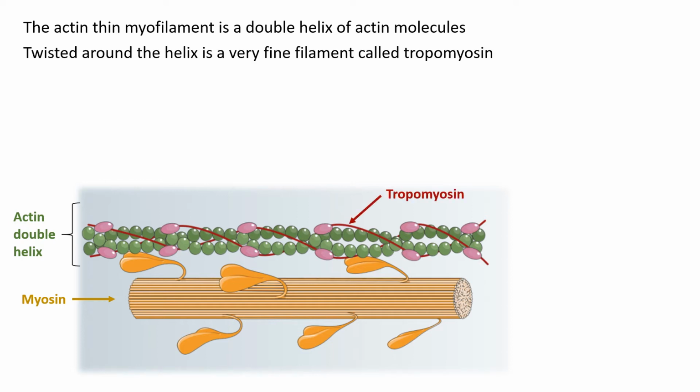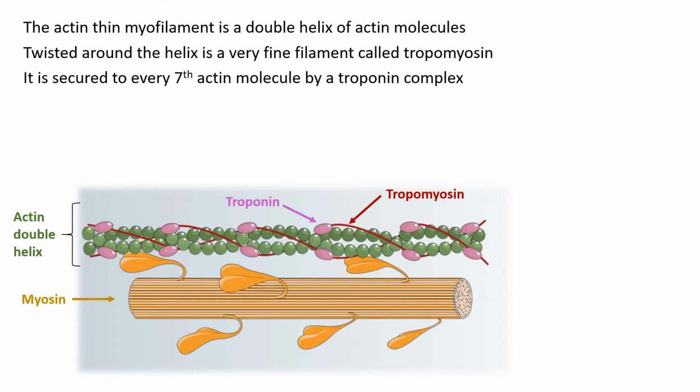But then twisted around that, we have a very fine myofilament called tropomyosin. Not to be confused, of course, with myosin. This is tropomyosin. Tropomyosin wraps around the actin filament.